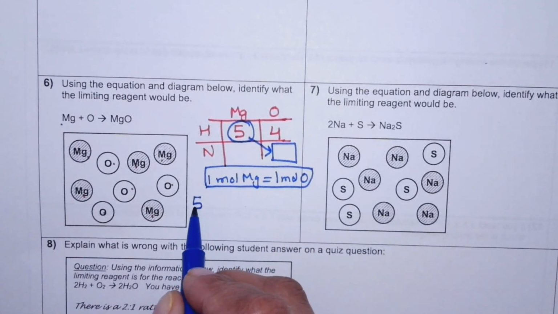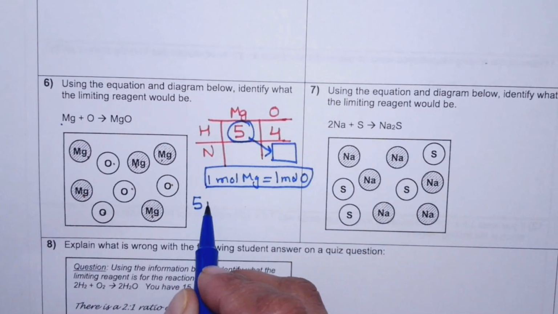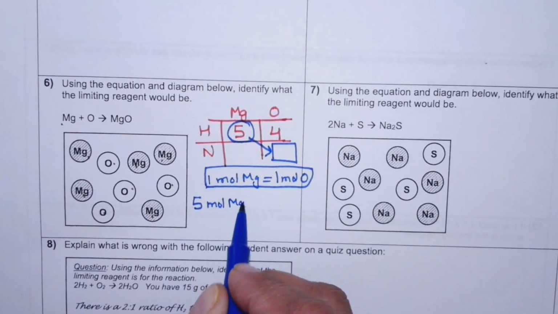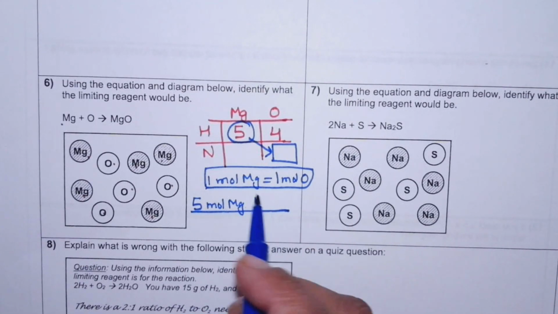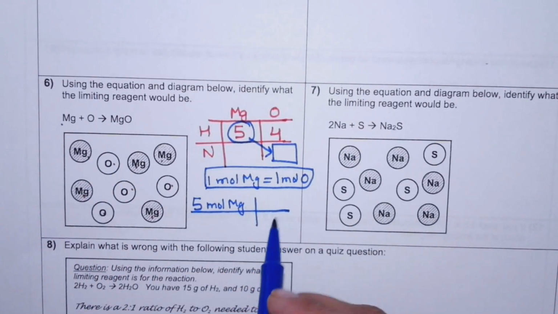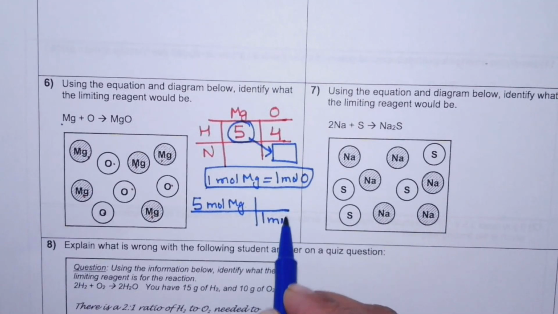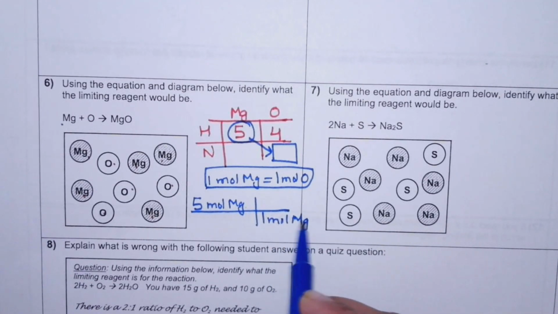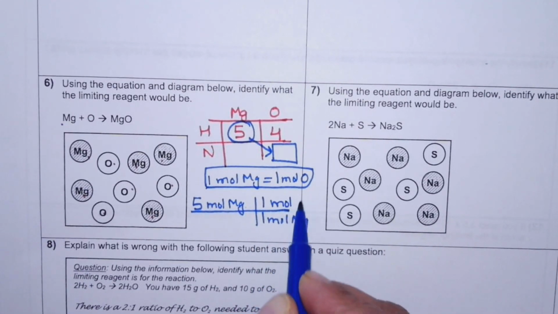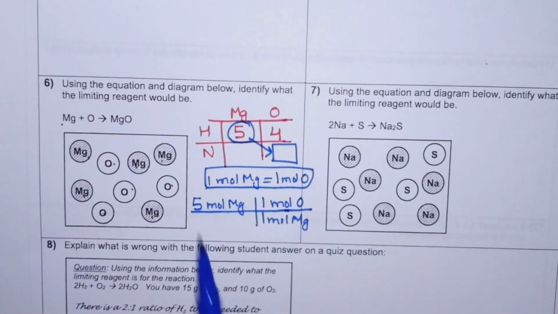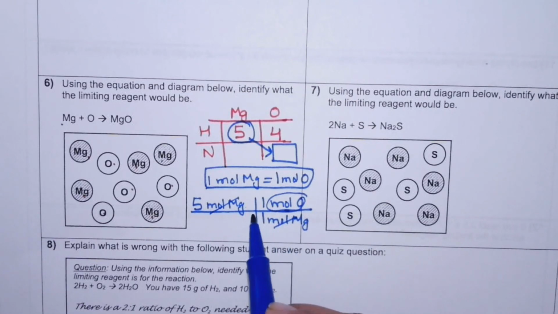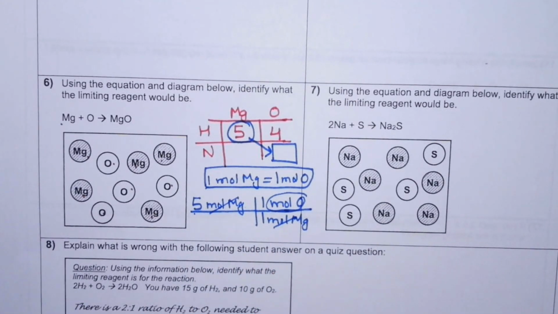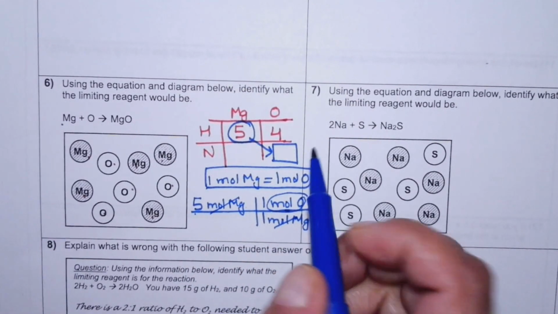When I start with 5 moles of magnesium, how much oxygen do I need? The mole ratio is 1:1. So 1 mole magnesium equals 1 mole O2, O. You can see this cancels out and you get your answer in moles of oxygen. 5 times 1 is 5.